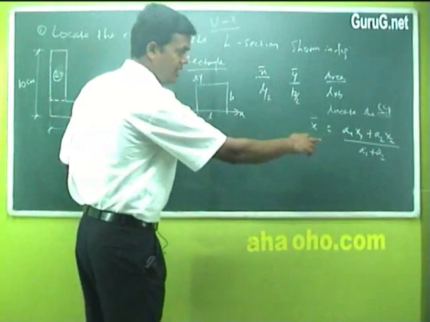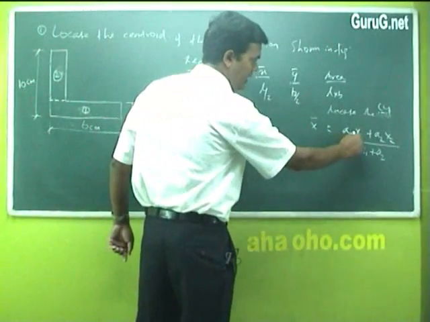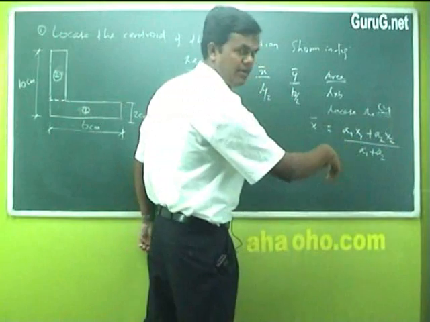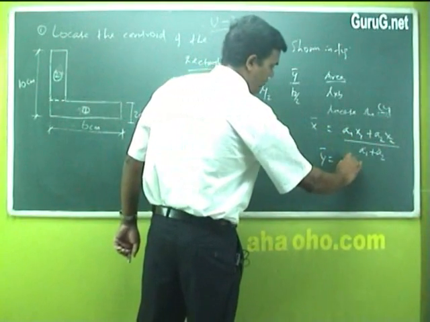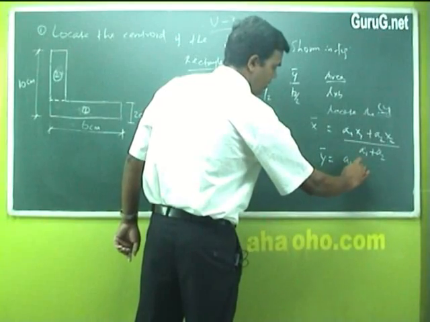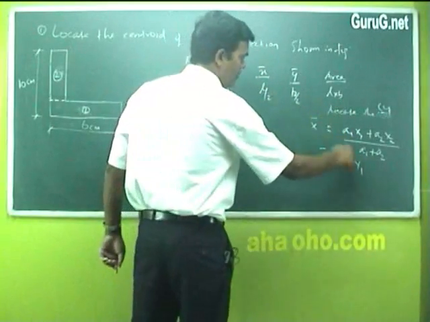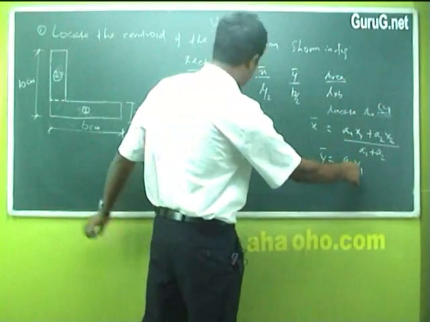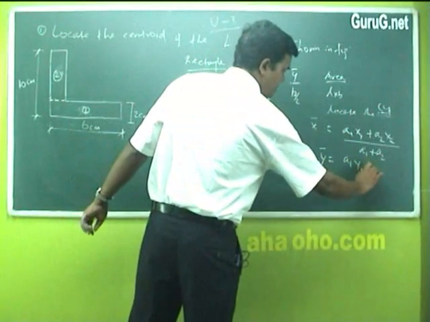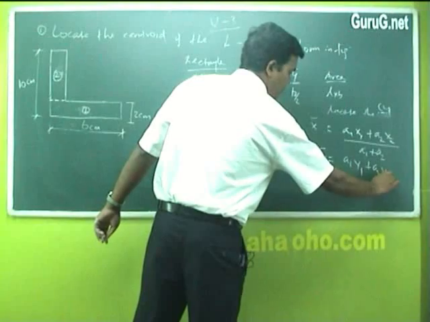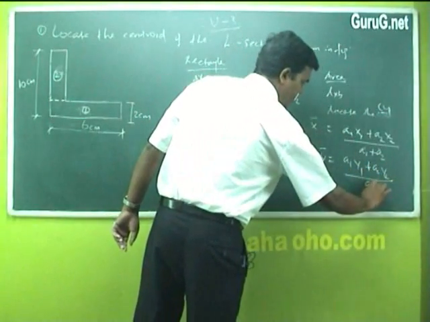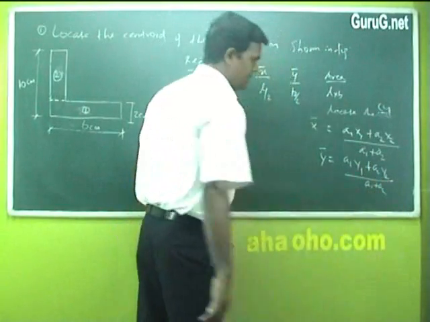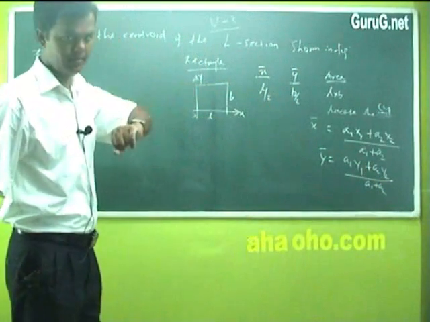Finally we add up the x bar value, A1 x1. Here only x is given because it's x bar, and for y bar we find A1 y1, the individual y bar value of sketch number 1, plus A2 y2, divided by A1 plus A2. This is how you will locate the center of gravity, right.